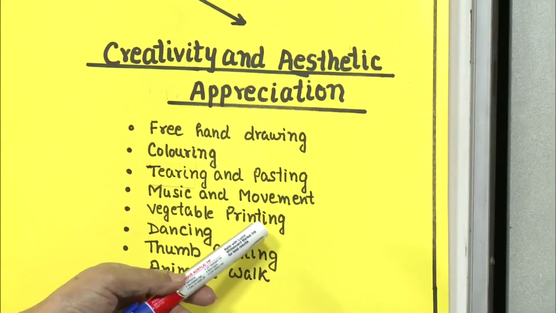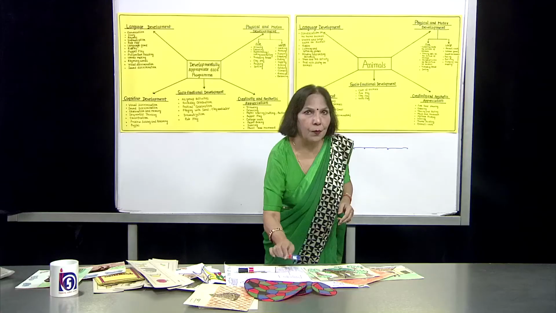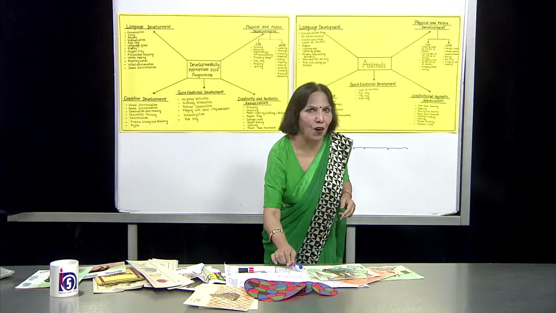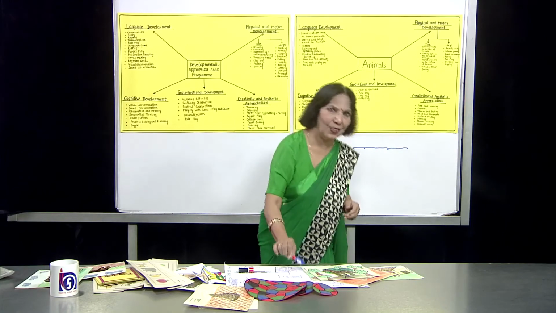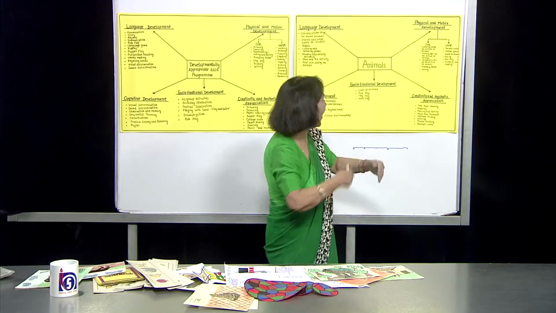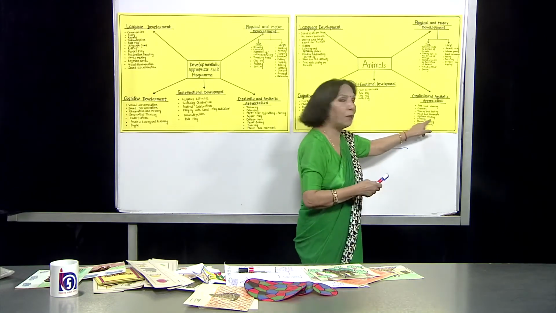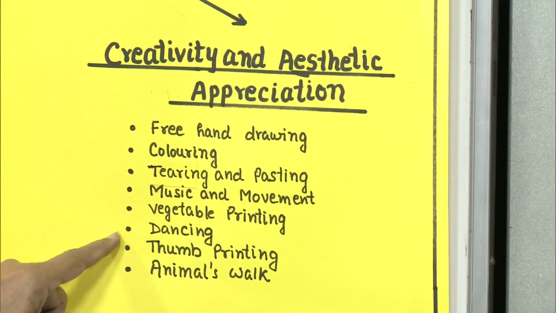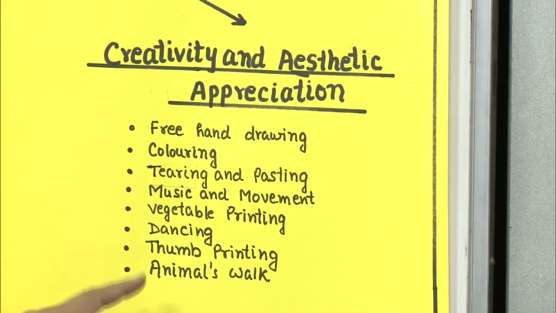Music and movement, make music and children will walk. So, music and movement, vegetable printing, dancing, thumb printing, animals walk.